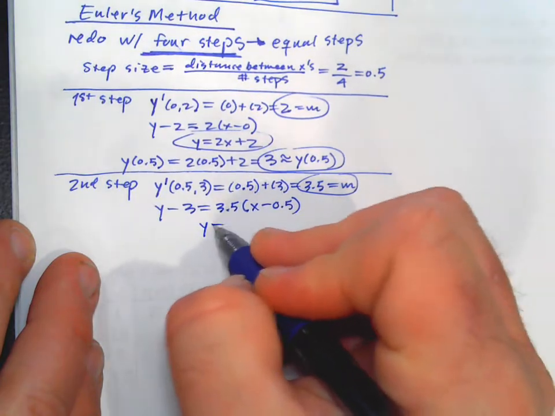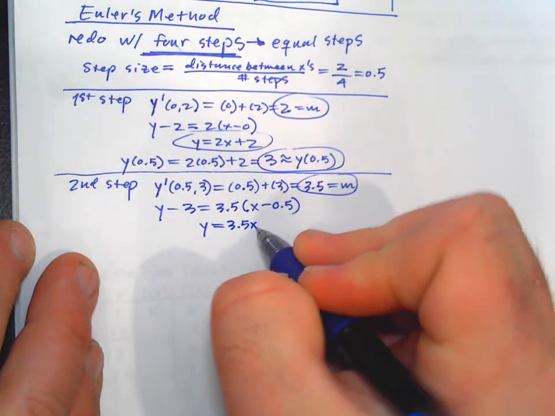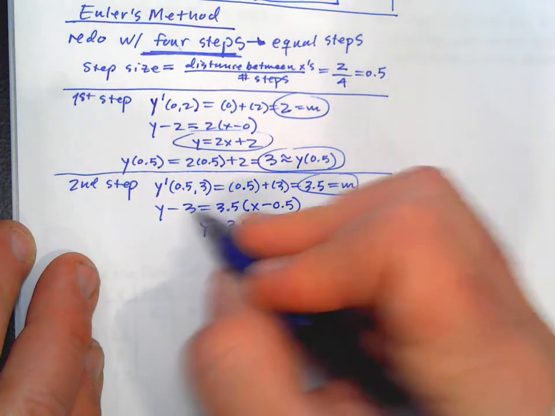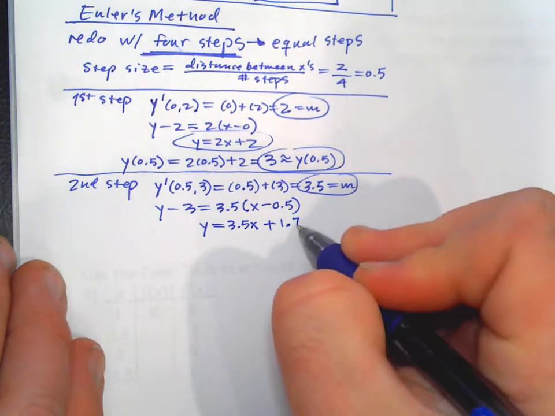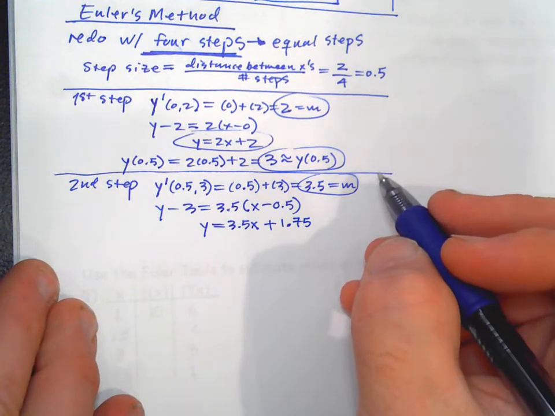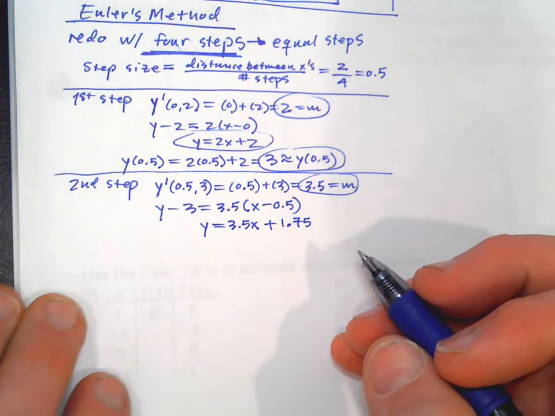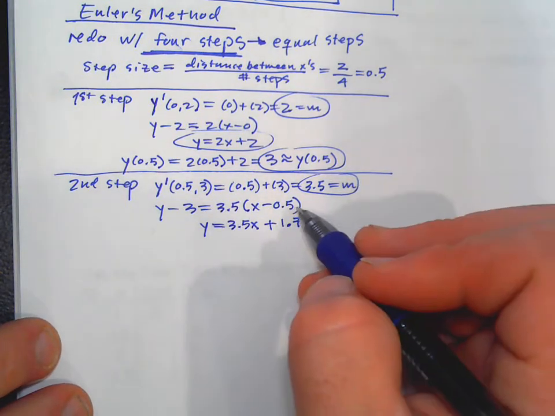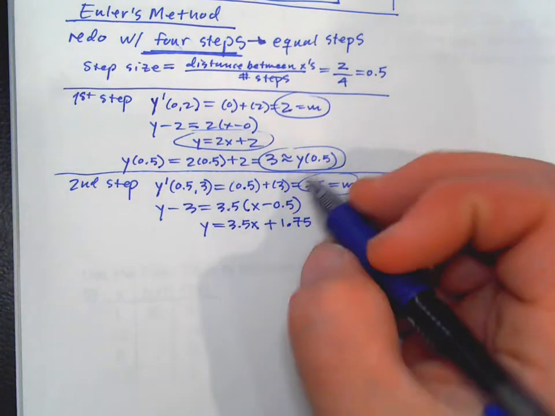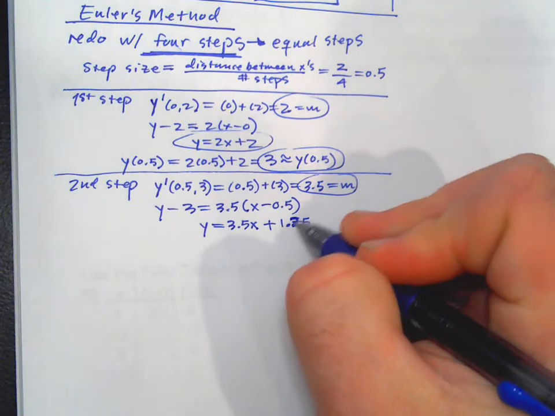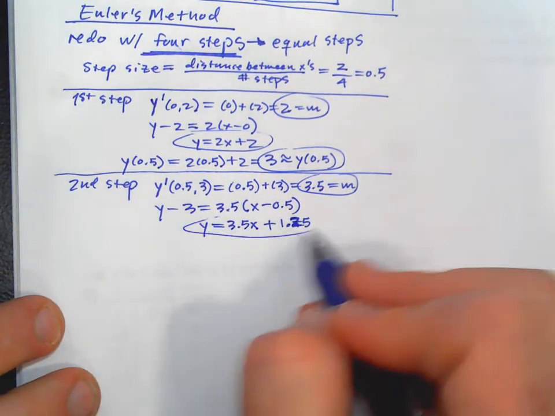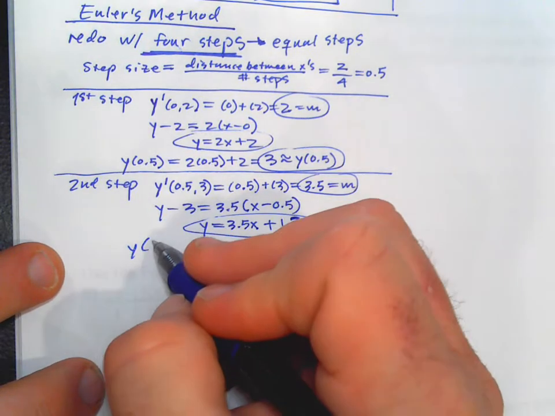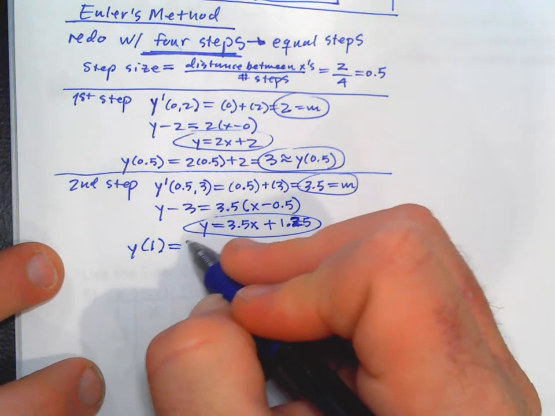It's going to be y equals 3.5x minus 1.75 plus 3. Oh, wait, no. Negative 1.75 plus 3 would be 1.25. Okay, 1.25. So there's our tangent line. And now we're going to estimate it with the next point after 0.5, which would be 1, 0.5 later.